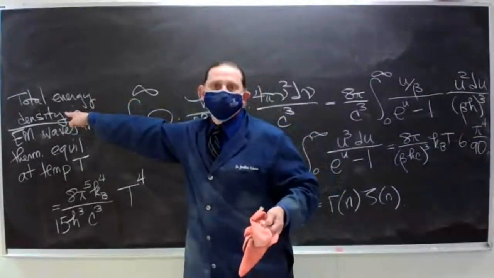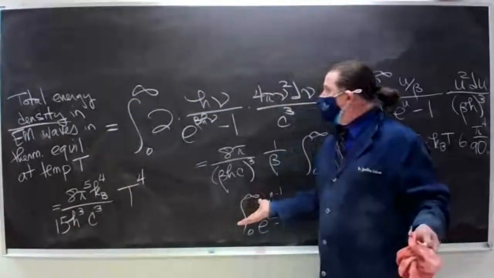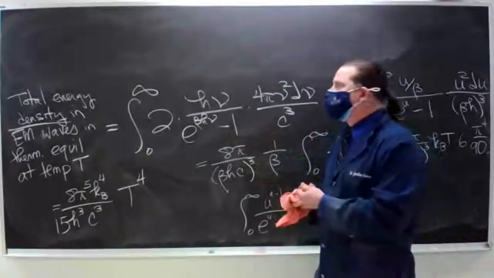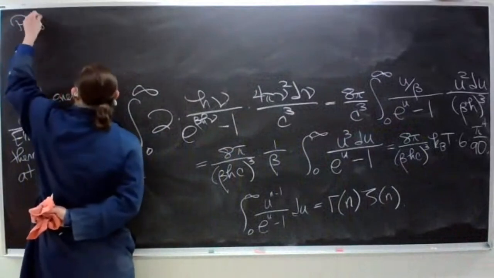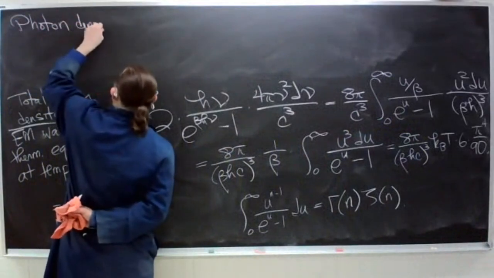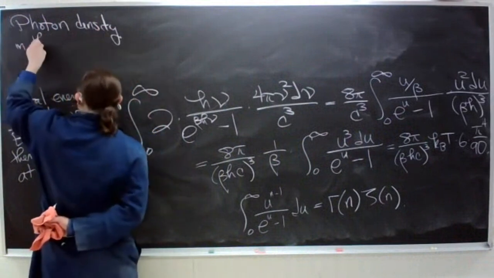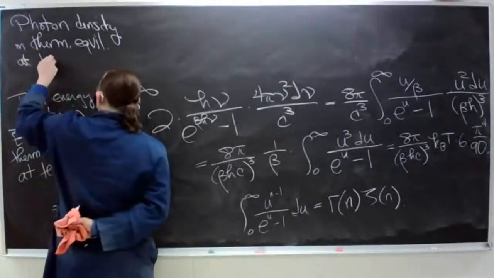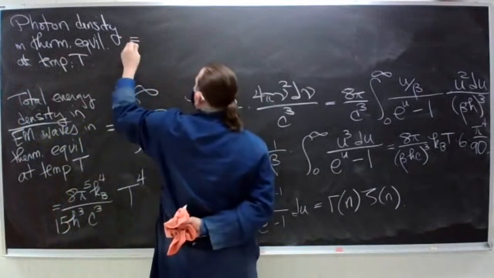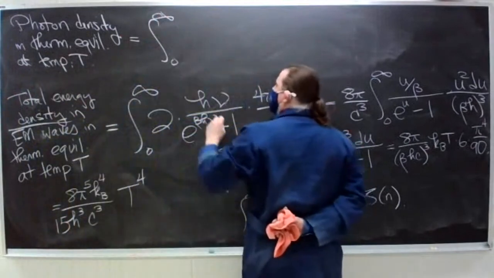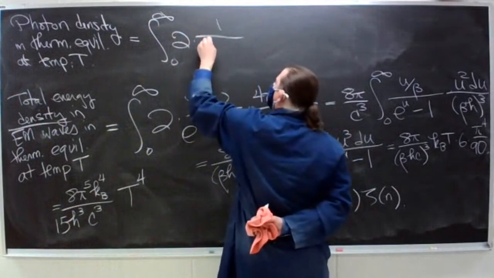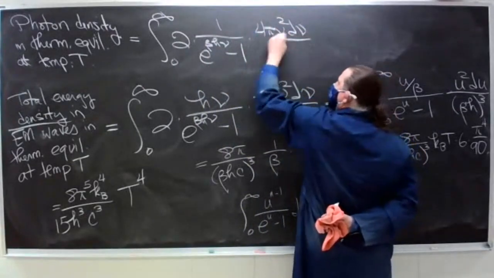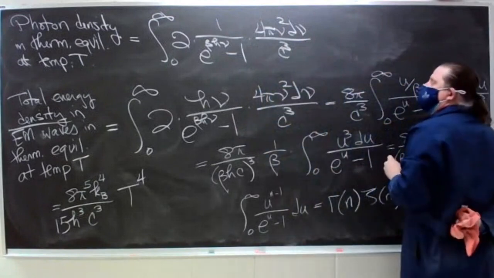So if this is the total energy density, all I have to do is divide this by h nu, and I'll get the number of photons. So I'll have 2, just like that.